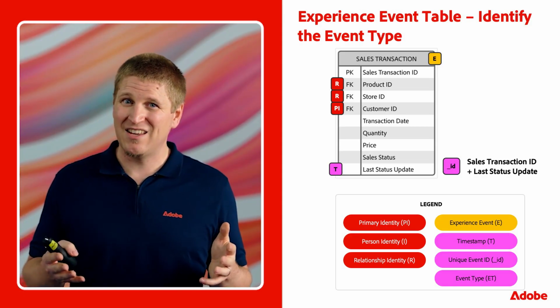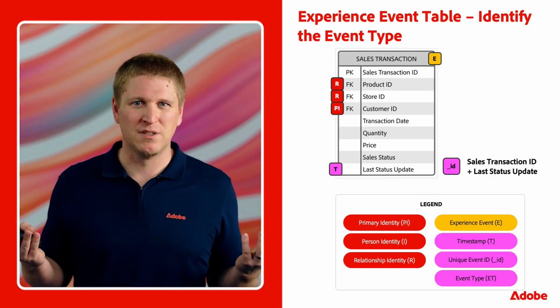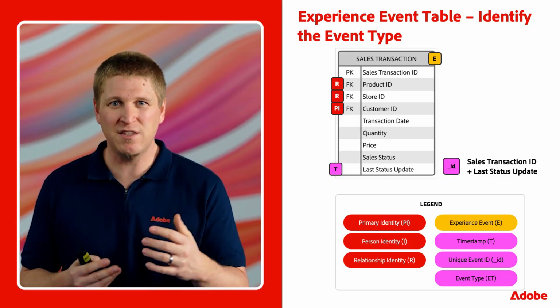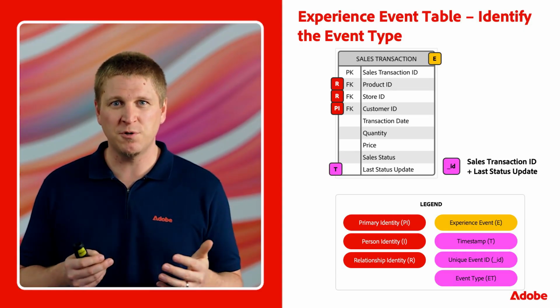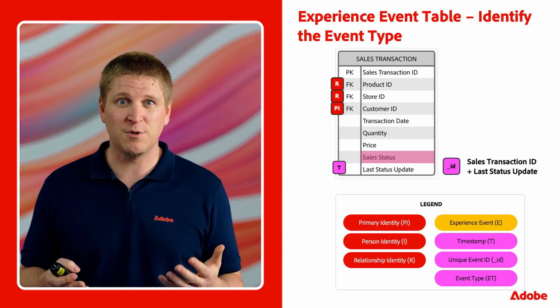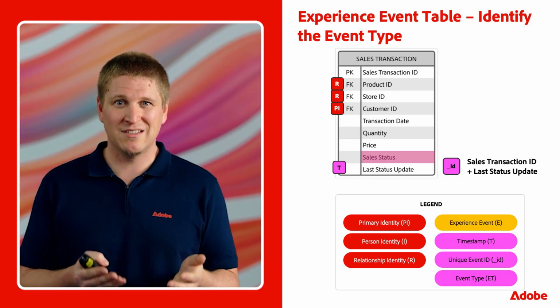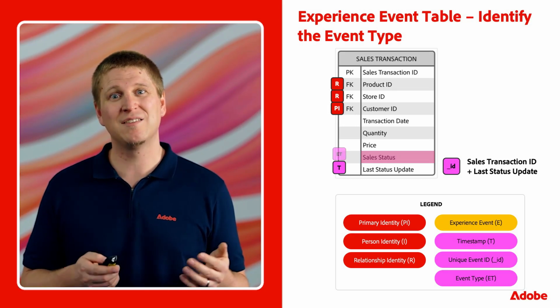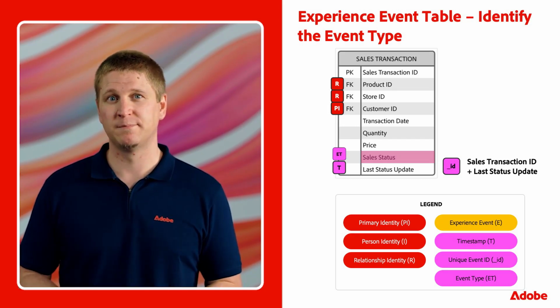Worst case, if you don't have something, make something up. The goal of this is to make it easy for a marketer to quickly find the events they're interested in and to use those as they're building their own audiences. For the sales transaction table, the sales status field is likely the best candidate, and therefore we should label that as the ET, or the event type.